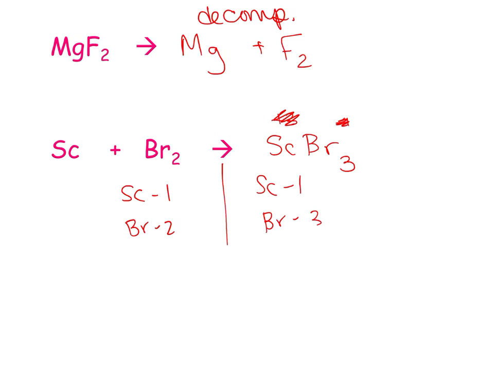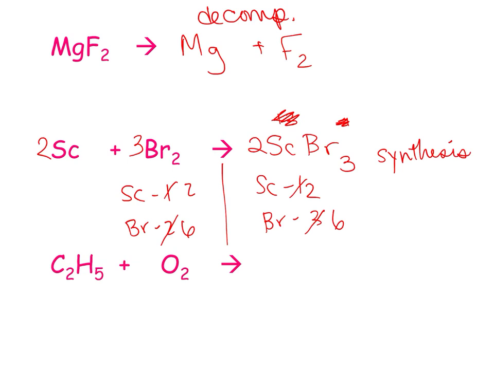I see my bromines are not balanced. I see that we're going to have an odd combo, so I need to find my least common multiple, so I'll put a 3 here. And then I'll put a 2 here. That'll change the scandiums. That'll change this to a 6. Go back over here. Sorry. This is called a synthesis reaction, coming together.